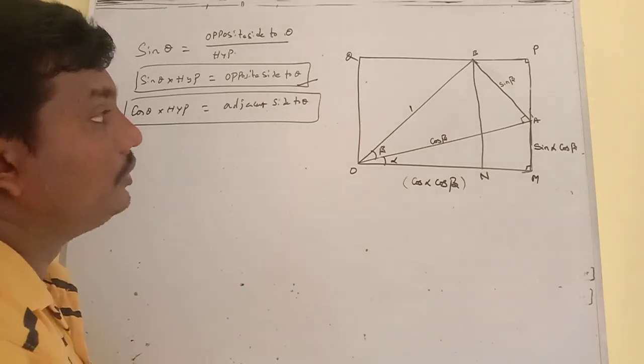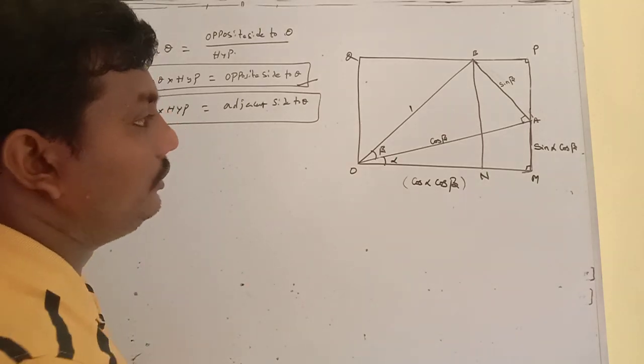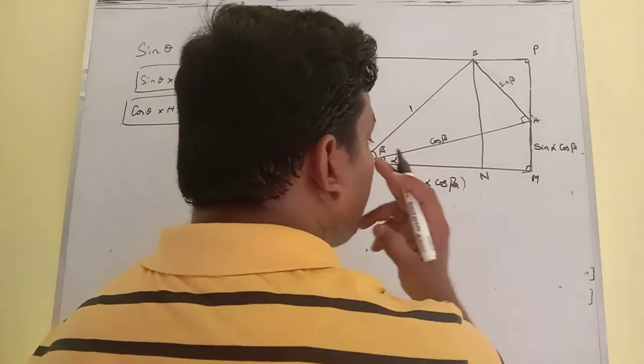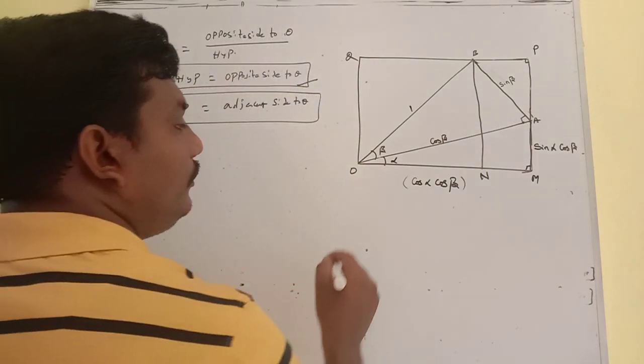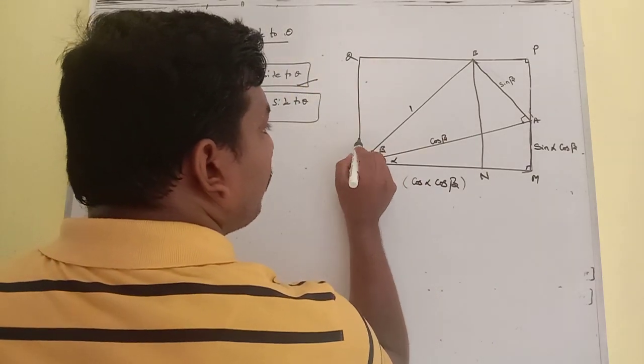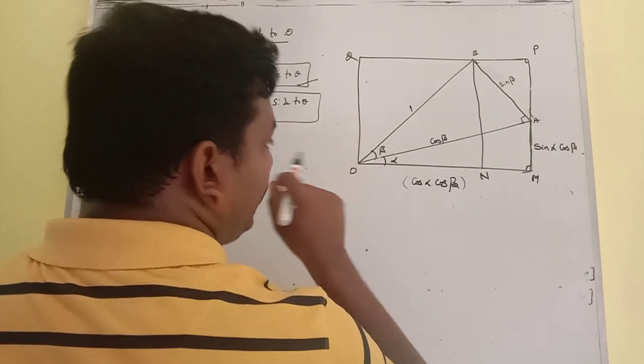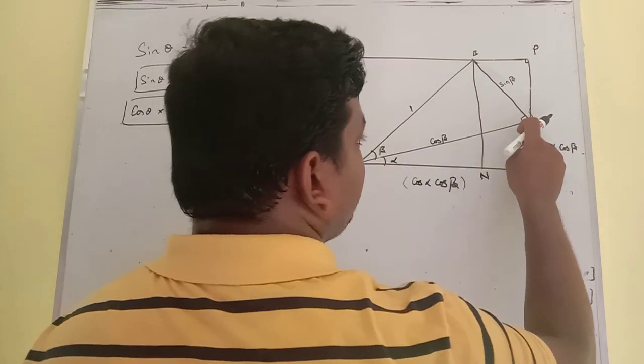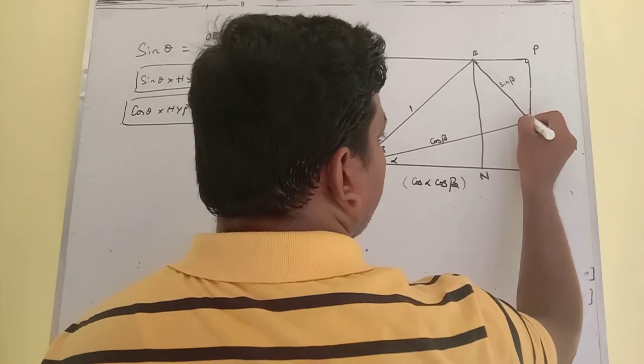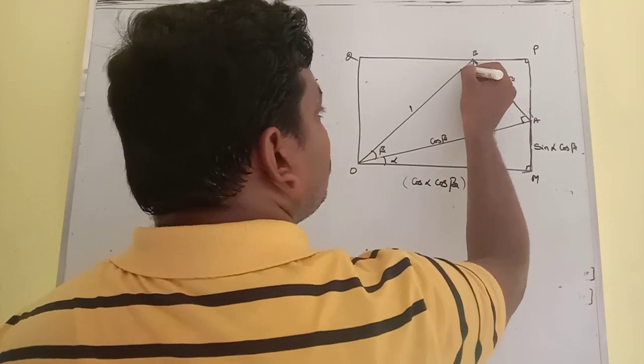Now you have to see. So what is the value now? Let me consider this is alpha. This is beta, and this is angle 90 degrees. Then what about this angle?